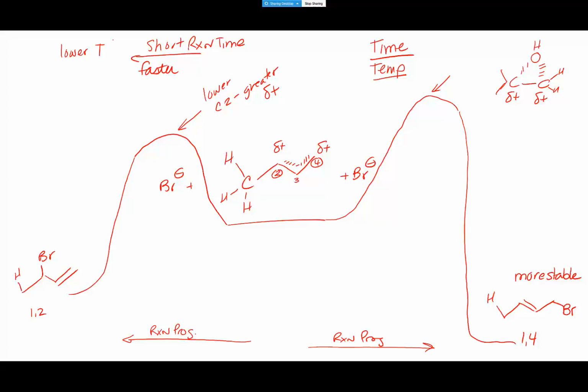Well, let's deal with the high temp first. So if I raise the temperature up like I did yesterday, can I form more 1,4 product? Yeah, more than low temperature. Exactly. So if I raise the temperature up, I'm going to form 1,4, but not exclusively.